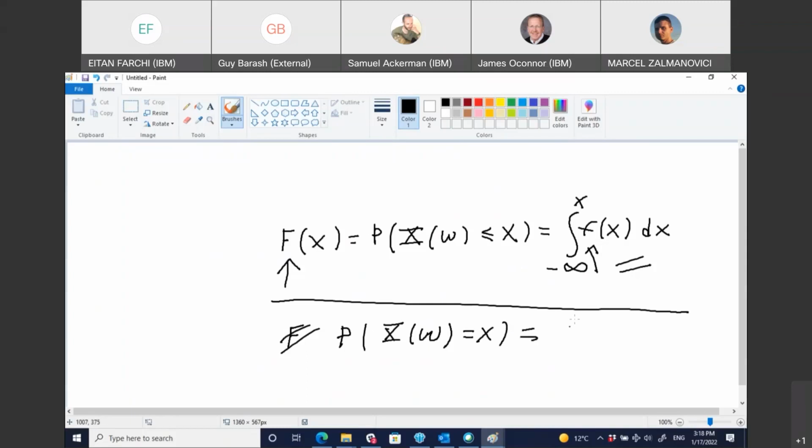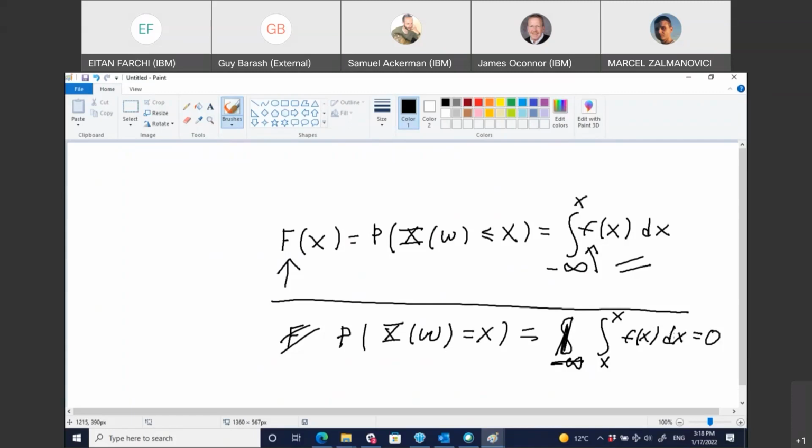That's basically the integral from x to x of f of x dx. I won't explain it exactly. Think about it a bit, which is actually easy.